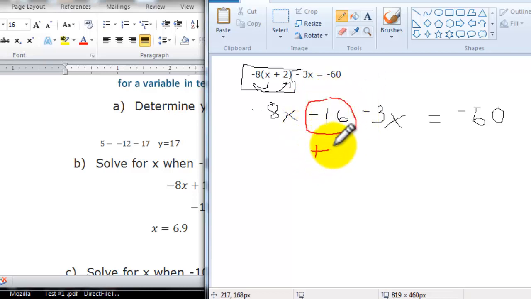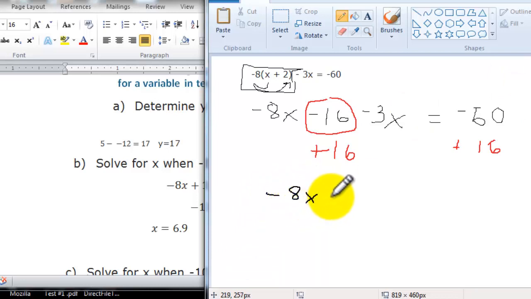So that'd be +16, and that's +16. So when we do the -8 -3, let's do -8. Well, you know the rest.